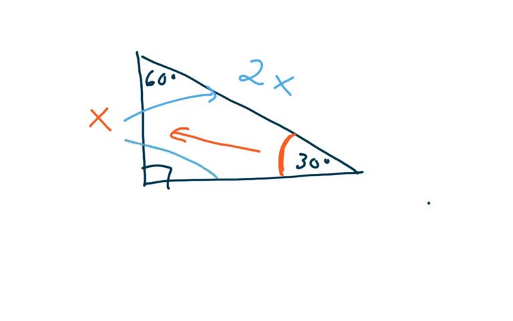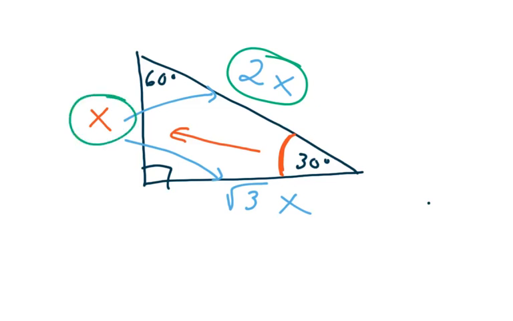And the medium side down here will always be square root of 3 times the x side. To say it another way, the hypotenuse will always be double the short side, and the medium side will always be square root of 3 times the short side.